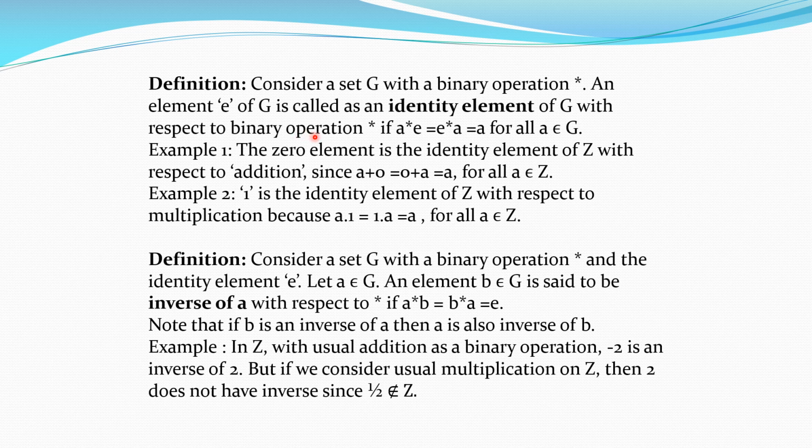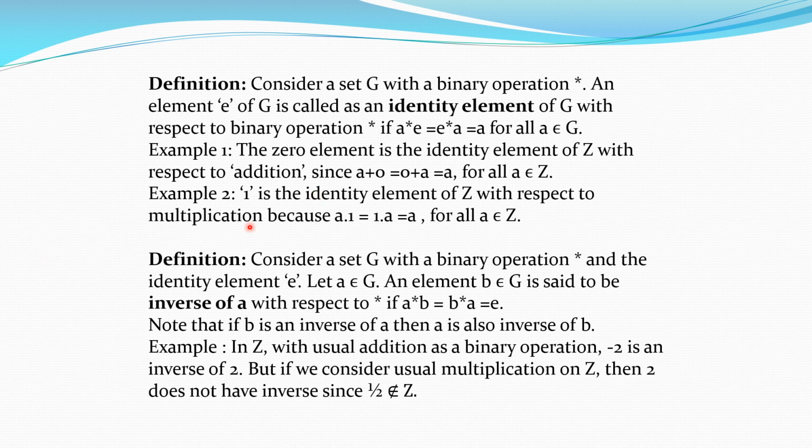So A plus E is equal to E plus A is equal to A. Now in Z addition is commutative. So A plus E is always equal to E plus A. But to find identity element, A plus E is equal to A. So we can just cancel A from both sides. So we get E is equal to 0. So in Z with respect to addition, the identity element is the number 0.